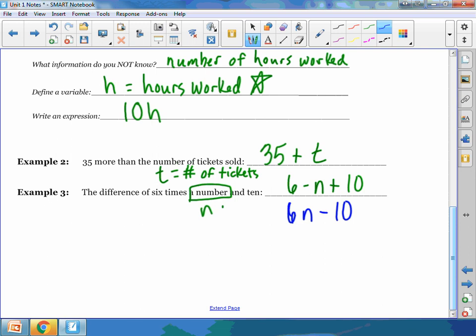The difference of 6 times the number, so I'm writing that as 6n, or you could have done 6 times n, and 10. The order matters. Remember we talked the other day about how subtraction is not commutative. You can't just reverse it. So since it said this part first and 10, there's your subtraction. Did anybody have it written differently that you think would work? Mikey?